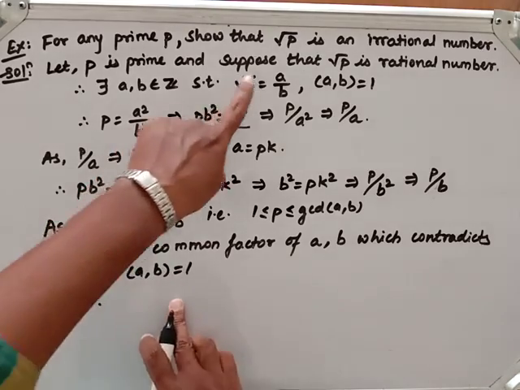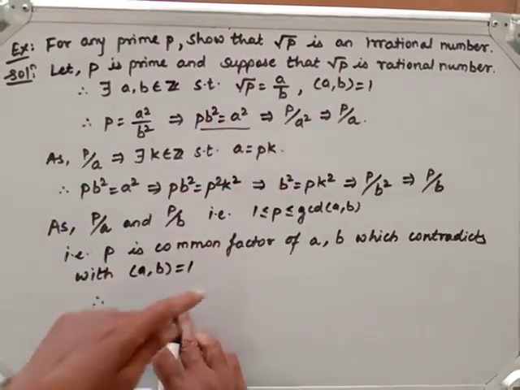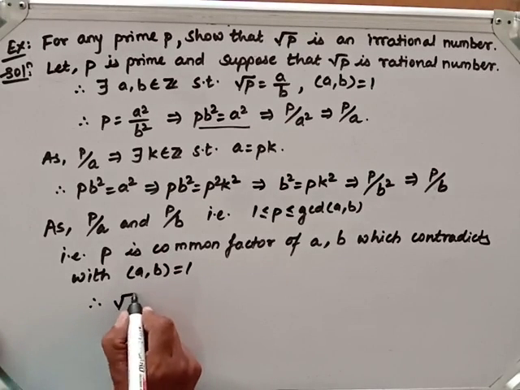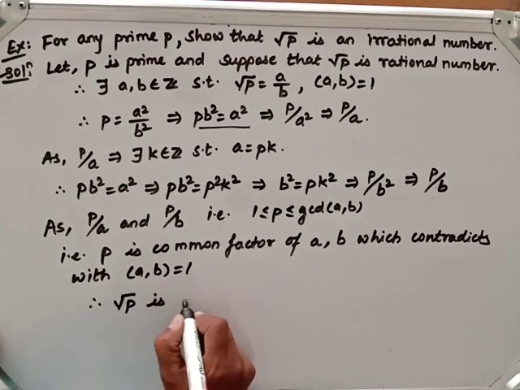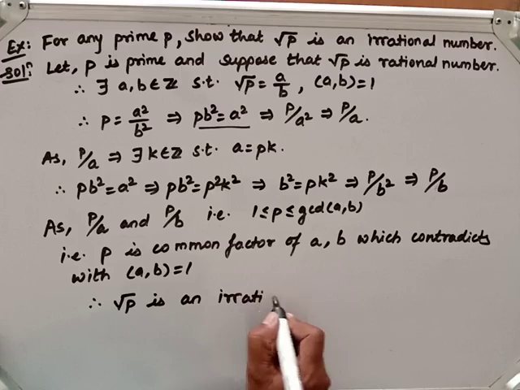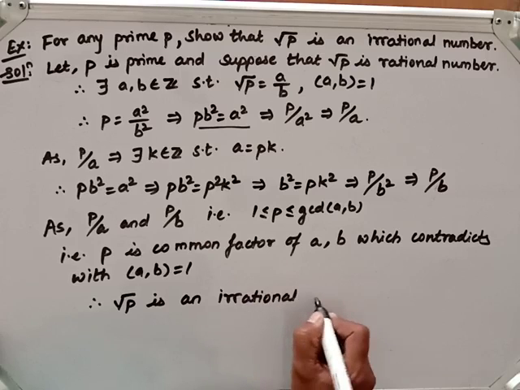Therefore, our assumption is wrong. So square root P should be an irrational number.